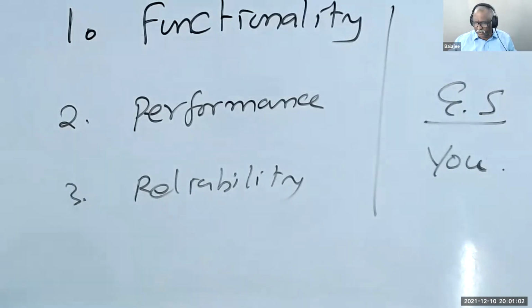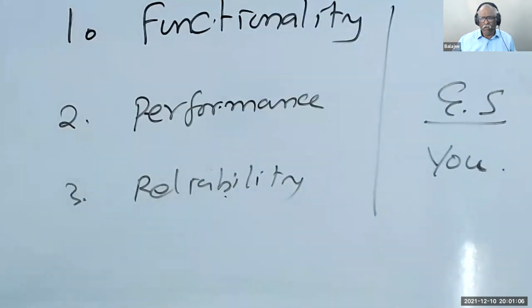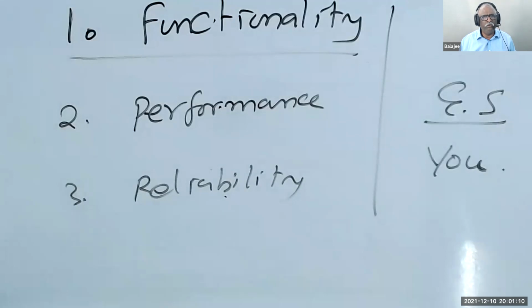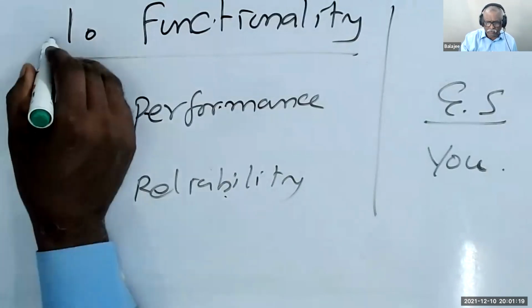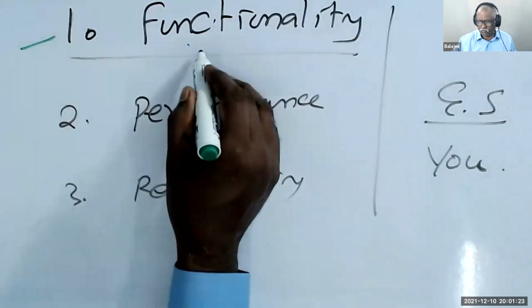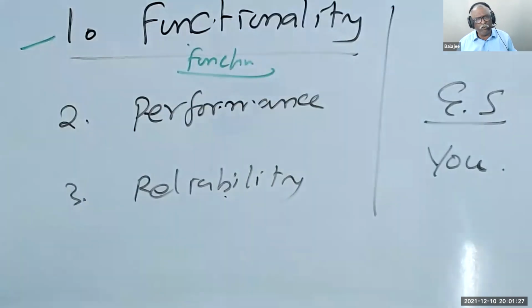Now, there are three things here: functionality, performance, and reliability. Functionality is very simple: how to use it. When you buy a mobile phone, you will check whether it has all the functions. Does it support the MP3 player?